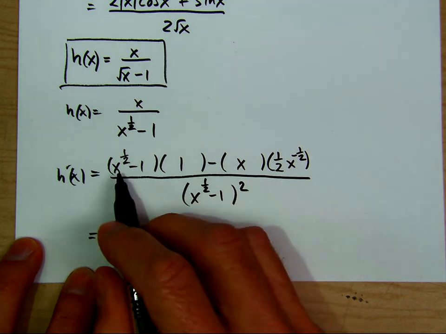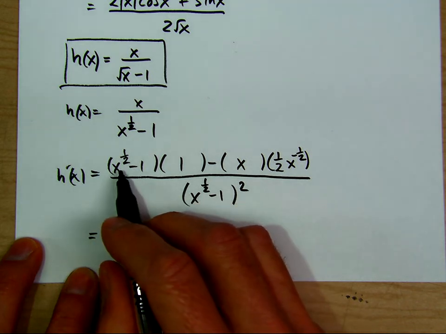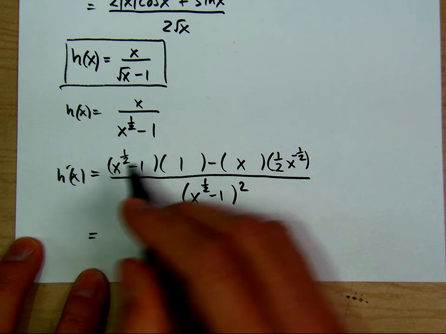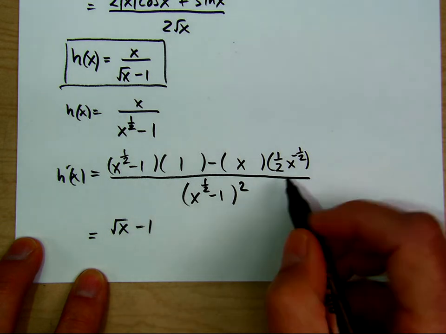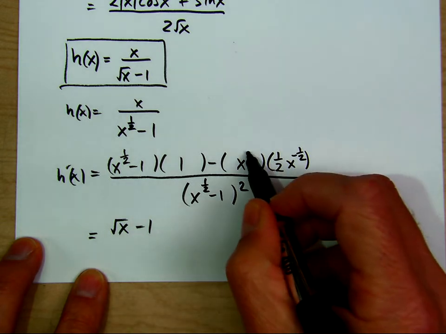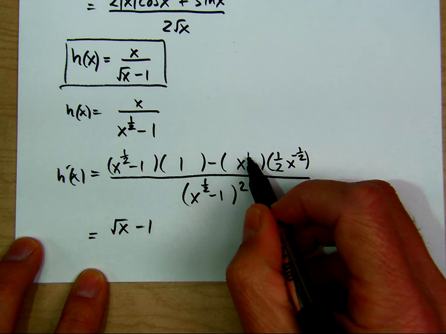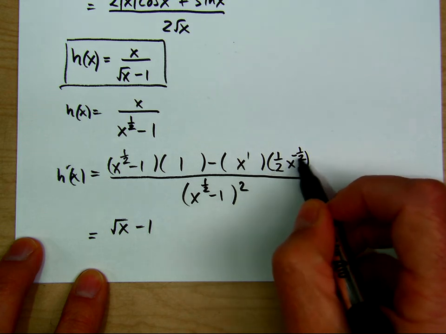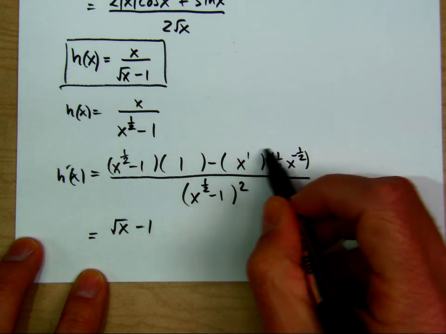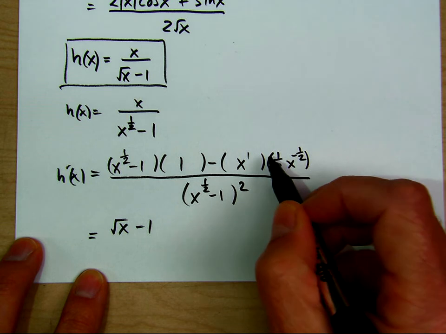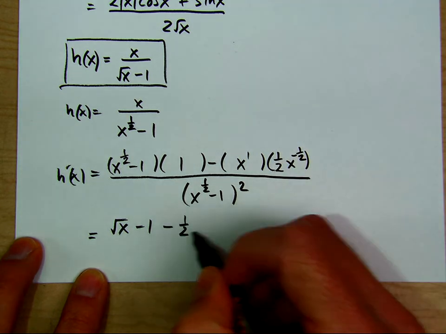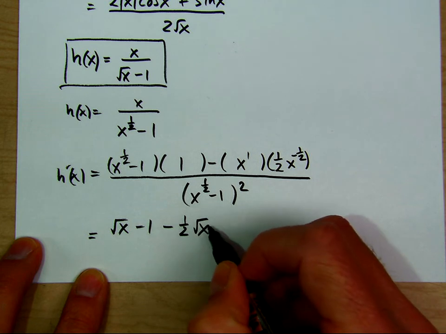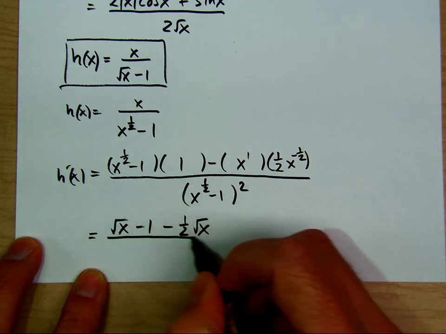So let's write that as, this will just be radical x minus 1. Here we have x to the 1, which is 2 over 2, times x to the negative 1 over 2. So we have 2 over 2 minus 1 over 2 is 1 over 2. So we have a 1/2 x to the 1 over 2 is radical x.